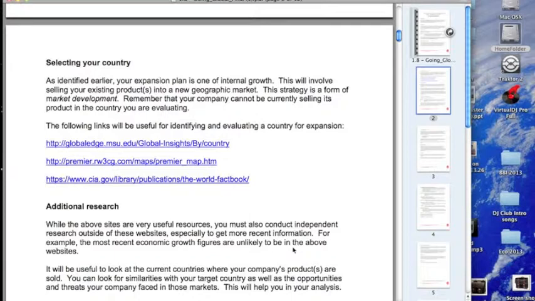For example, political things that will affect the company. If you did McDonald's, you want to look for food laws and labor laws. For economic things, you want to look at how well the economy is going, whether there are economic booms or high unemployment rates. For social and cultural, do they eat hamburgers?